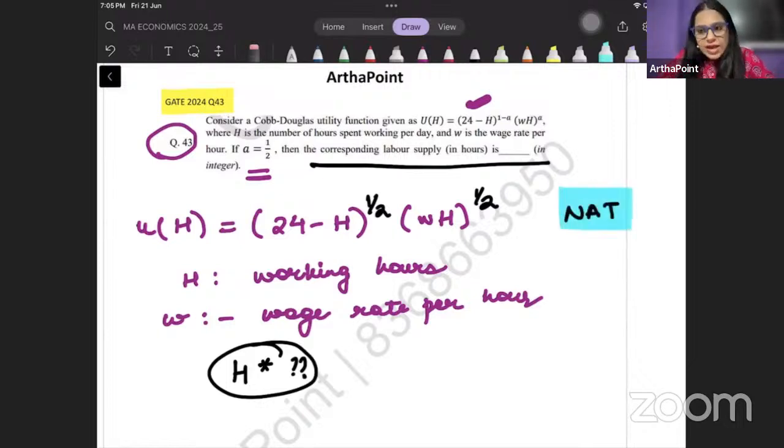Try to do this question as quickly as possible, using the shortest way to solve. In the exam, we don't have a lot of time, so we need to do this question in the shortest way possible.